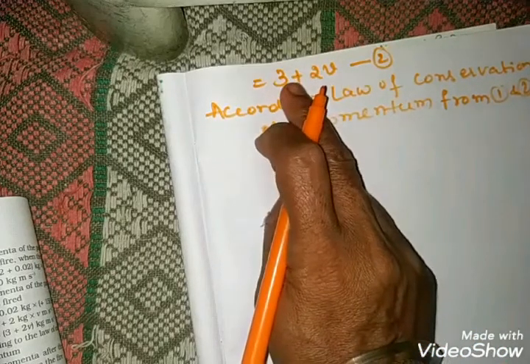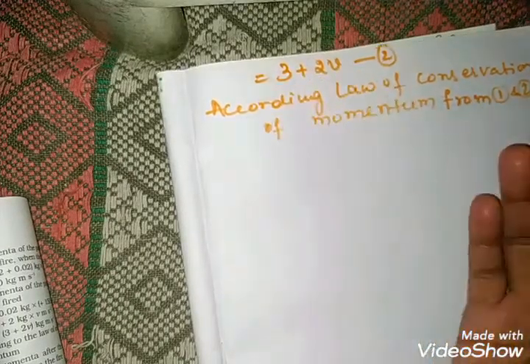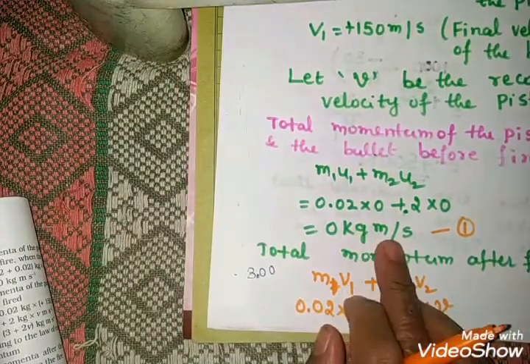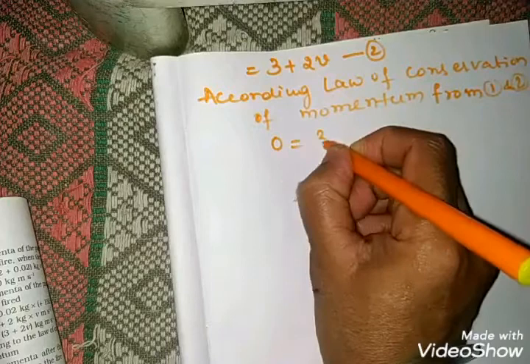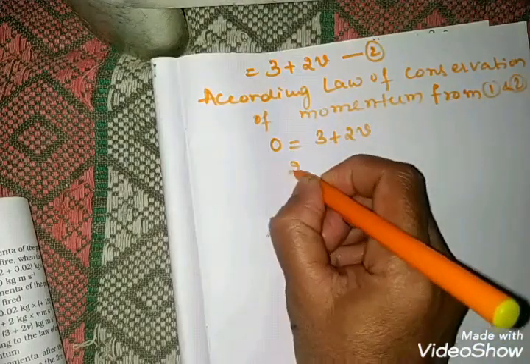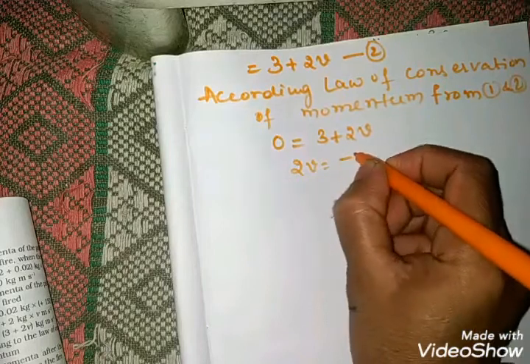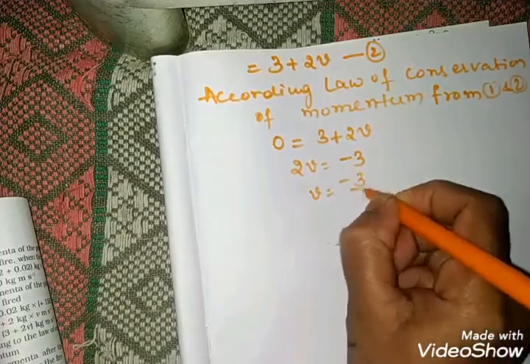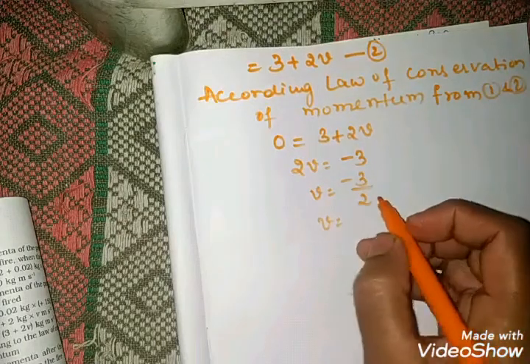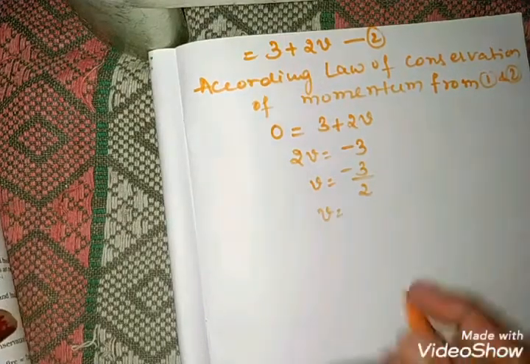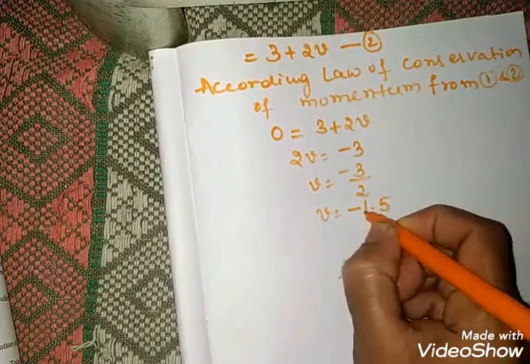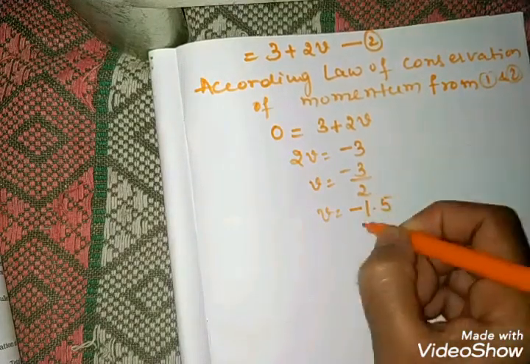Before the reaction we got 0 momentum. You can observe, children, it is 0 here. So 0 is equal to 3 plus 2V. Or 2V is equal to minus 3. V is equal to minus 3 divided by 2. That is V is equal to minus 1.5.